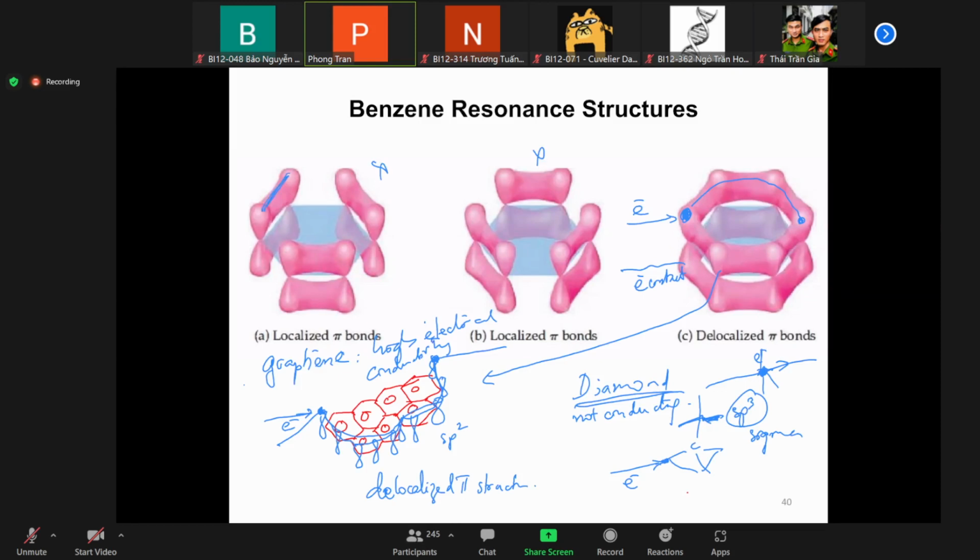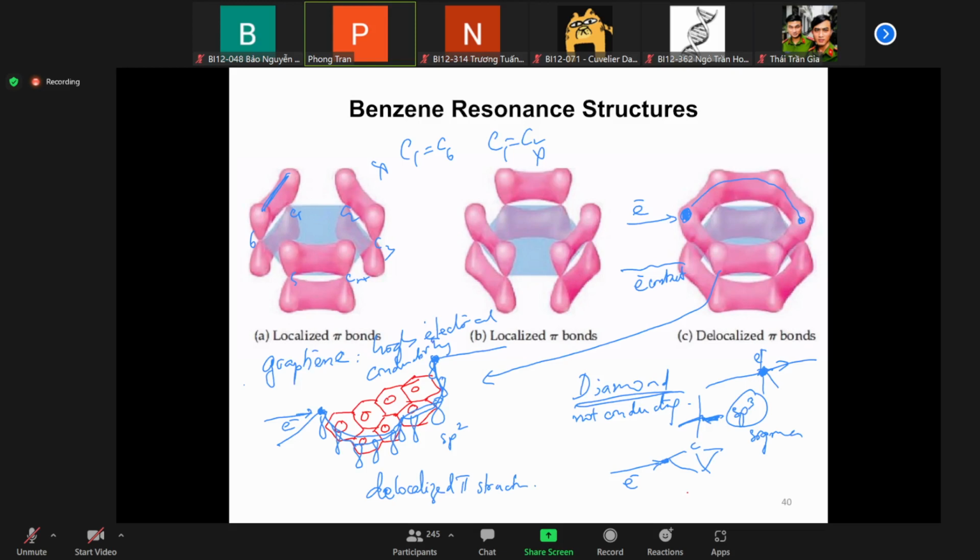Let's say you have C1, C2, C3, C4, 5, and 6. So you have a double bond C1, C6. And then here the double bond moves from C1, C6 to C1, C2. It looks like a movement, okay? That's something we can imagine by using the localized pi bond.